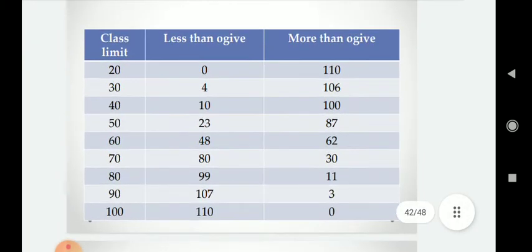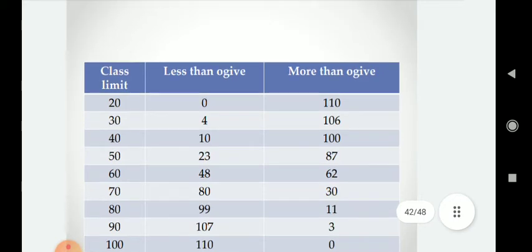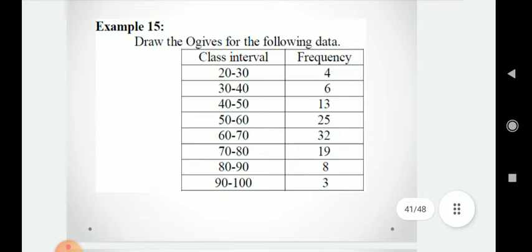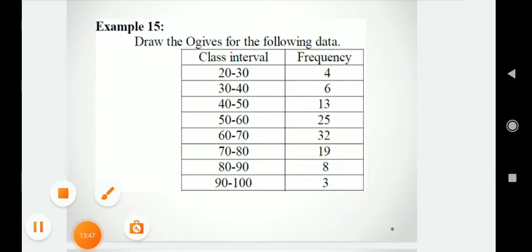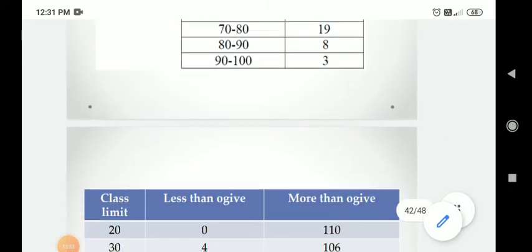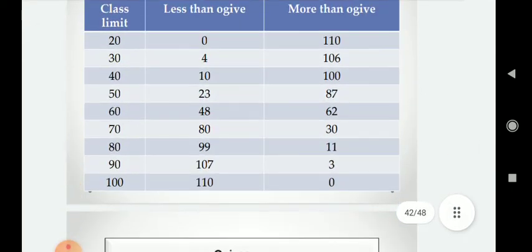That is class limits: 20, 30, 40, 50, everything you have to take up till 100. These values range from 20, the lower limit of the first class, up till 100. So the class limits are 20 to 100.